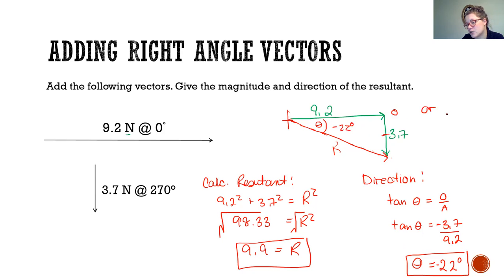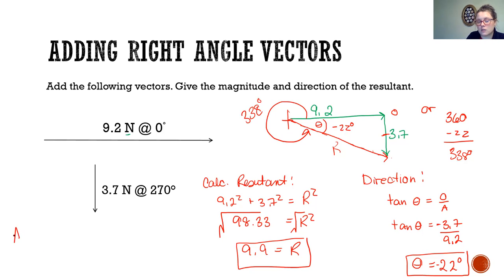Or we can say it's 360 minus 22. Or we could say it's 338 degrees. So the other way to say it's 338 degrees from 0 that way.